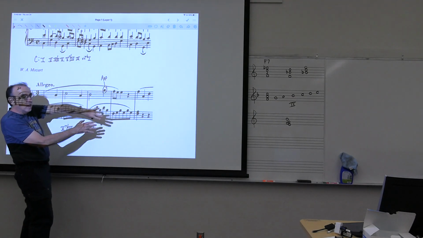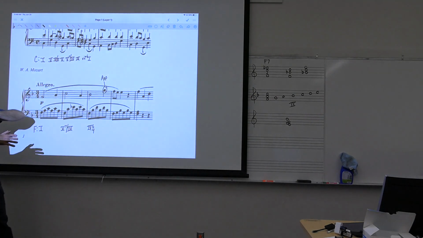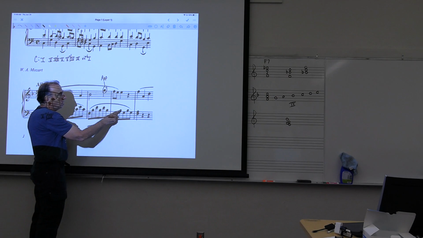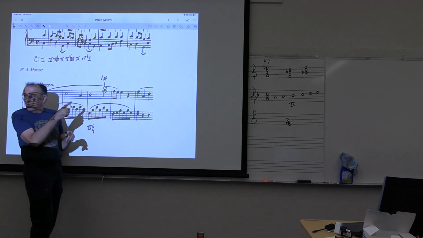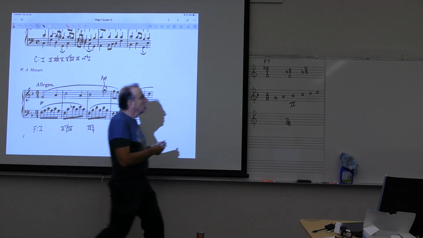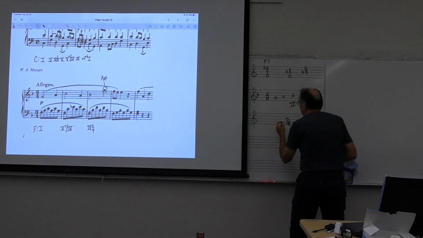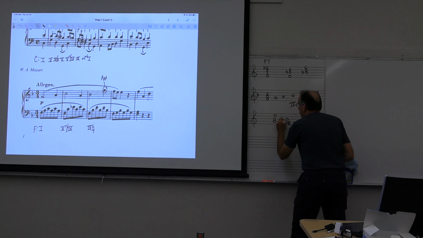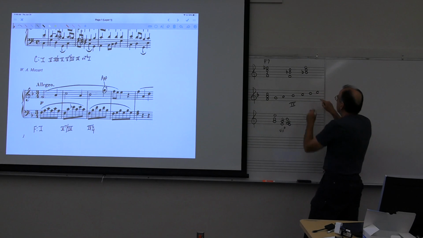I don't see the note C anywhere in that measure. Right? But I do see the G and the B and the E, which are the 7th chord. So if I look at G, B, and E, and I put that in root position, E, G, B, that is the 7th chord in the key of F major.